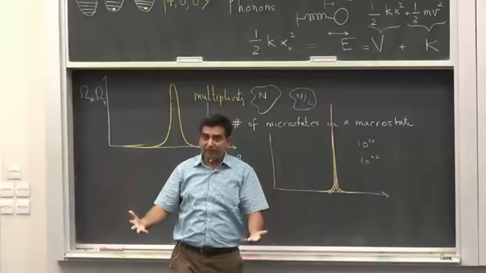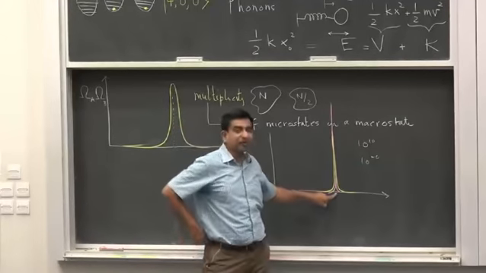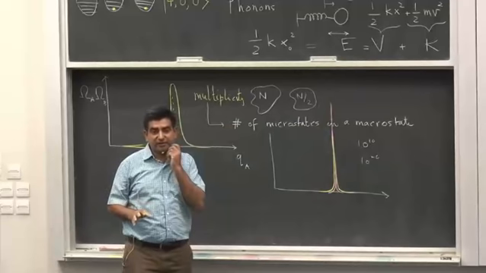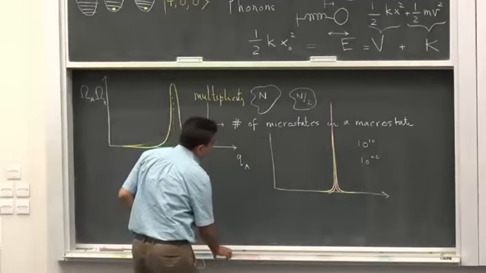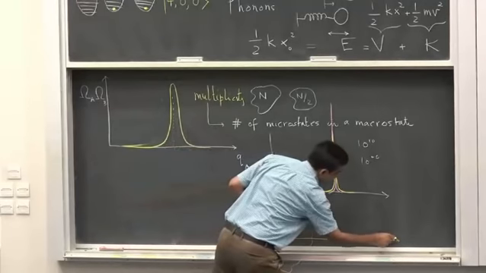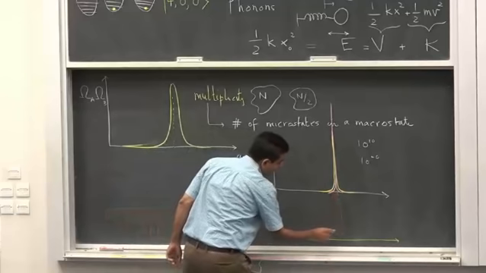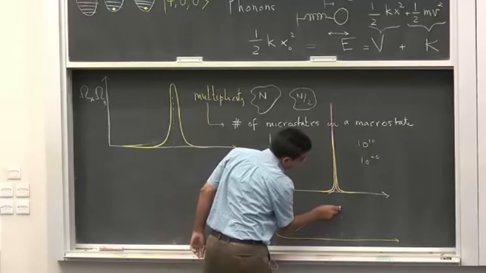Why does it overwhelm? Because the number of microstates, or multiplicity, in this most probable macrostate is huge as compared to all other macrostates. This is the second law of thermodynamics. And if I were to plot the entropy on this graph, on the same scale, the total entropy of the system is going to maximize here.